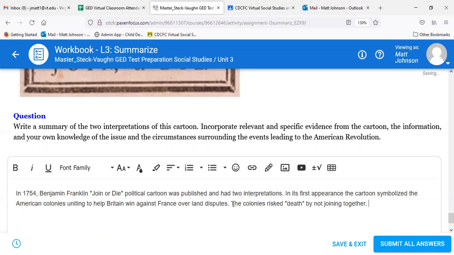In 1754, Ben Franklin's Join or Die, a political cartoon, was published and had two interpretations. In its first appearance, the cartoon symbolized the American colonies uniting to help Britain win against France over land disputes. And then, like you said, Capri, the colonies risked death by not joining together.